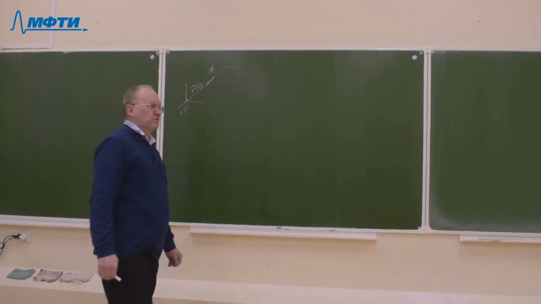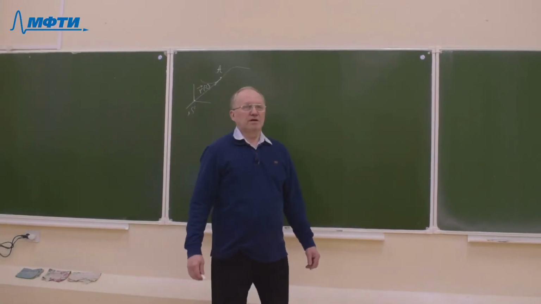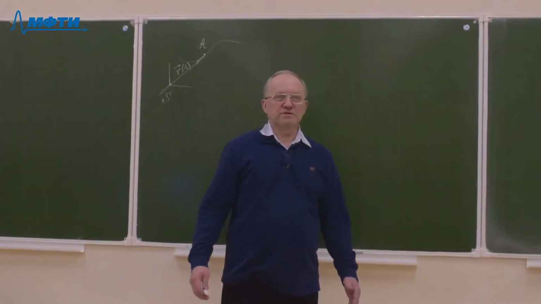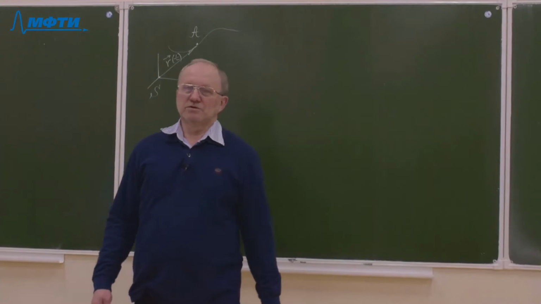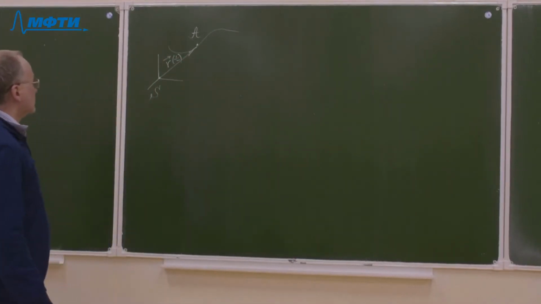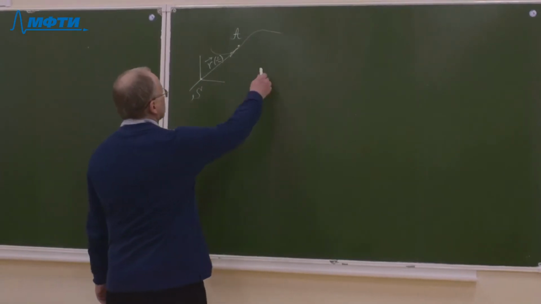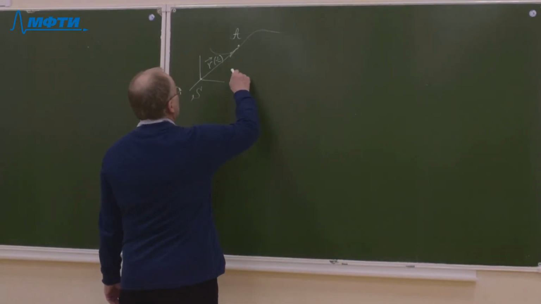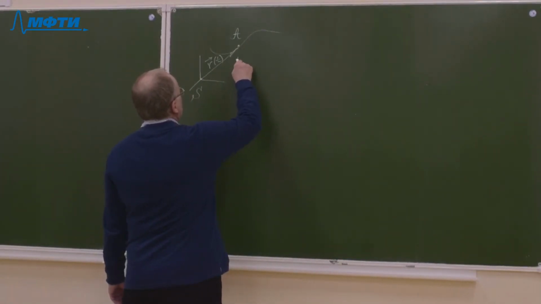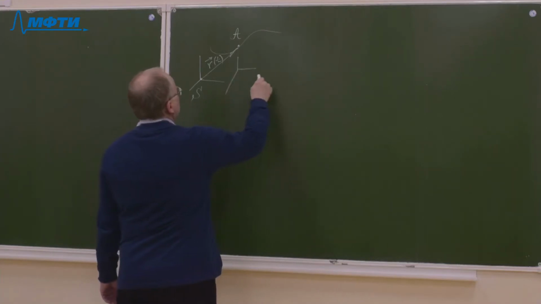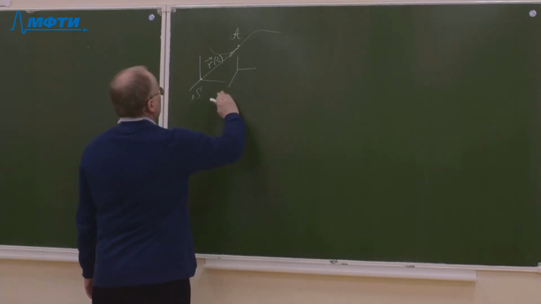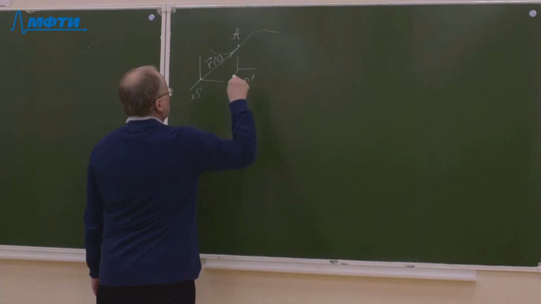But there is not a single reference system in the universe. There are many reference systems, as many as we wish. We can choose any other reference system to describe the same motion. So we take another reference system, which I will denote as S prime.